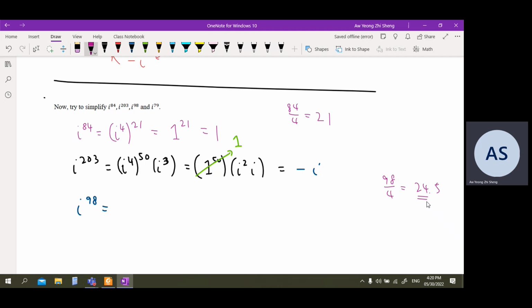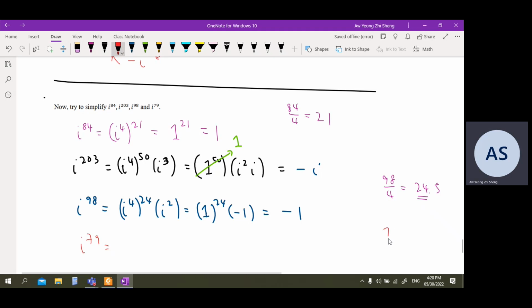That means that there are 24 repetitions of i power 4 that you can factor out. So you have i power 4 to the power of 24. 4 times 24 using a calculator will give you 96. So that leaves you with i squared. So this is 1 to the power of 24, while i squared becomes minus 1, and it becomes just minus 1.